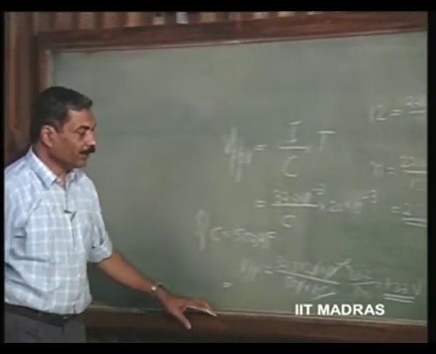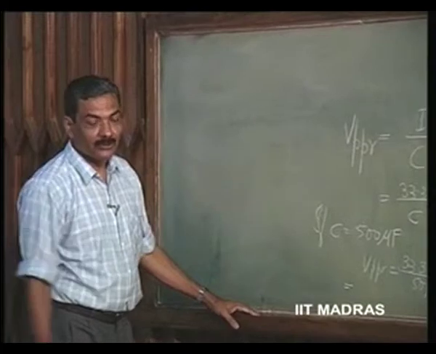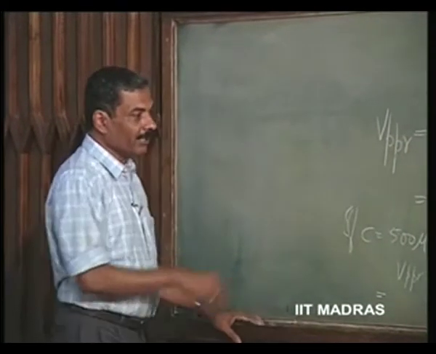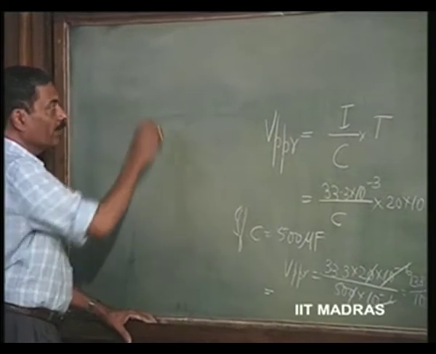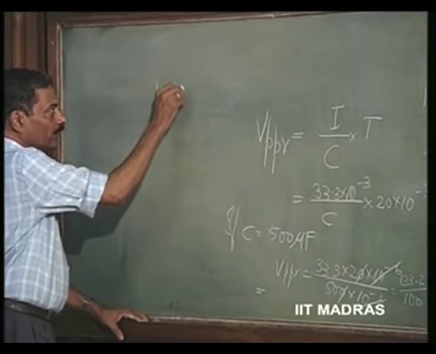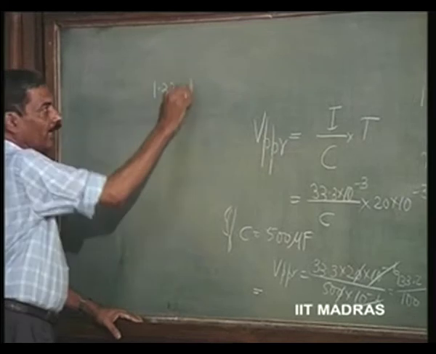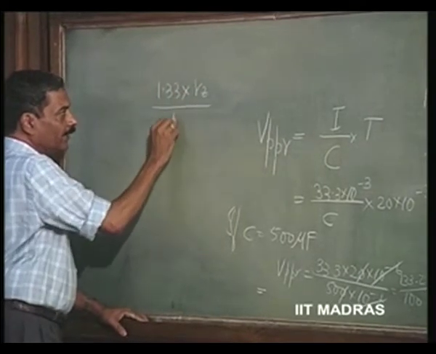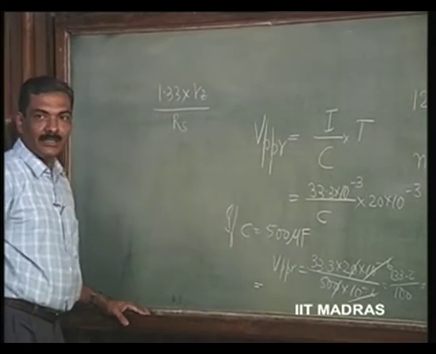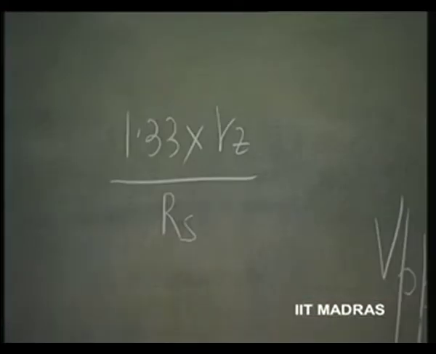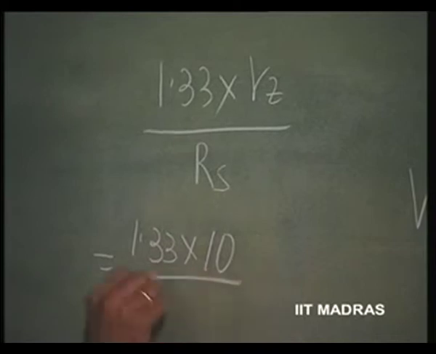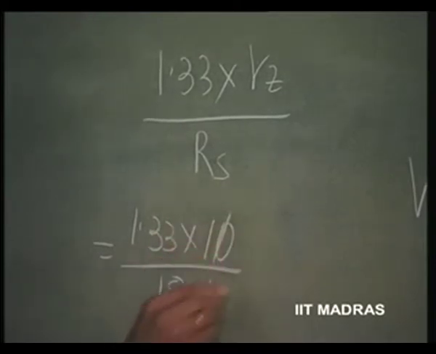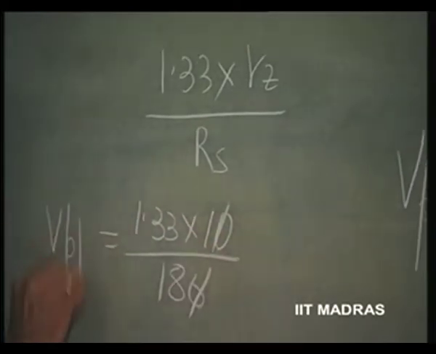You want the peak to peak ripple at the load. The peak to peak ripple across the capacitor is 1.33 volts. This into Rz divided by Rs, as we did in the last example, which is 1.33 into 10 ohms divided by 180, is the peak to peak ripple.